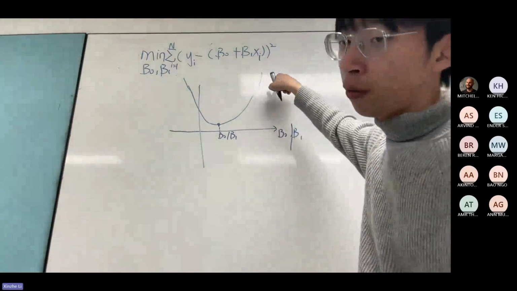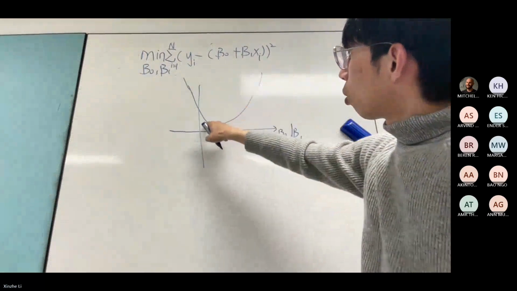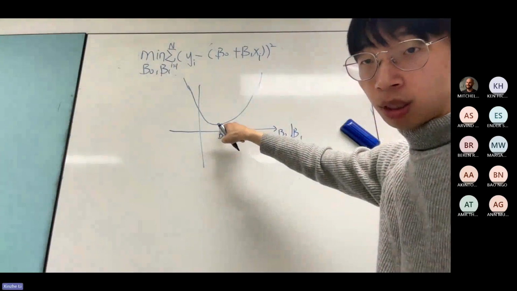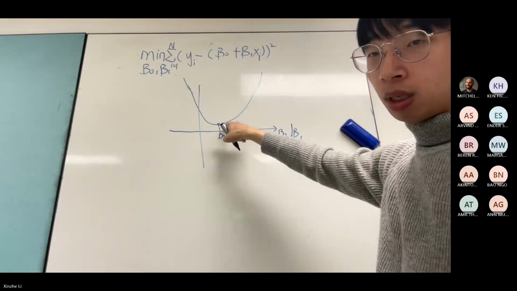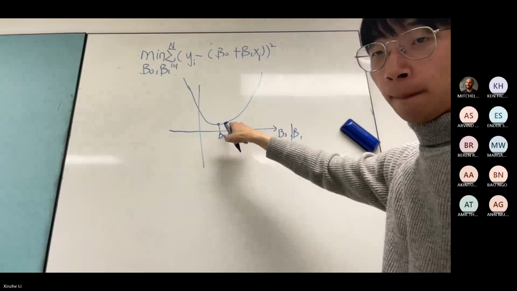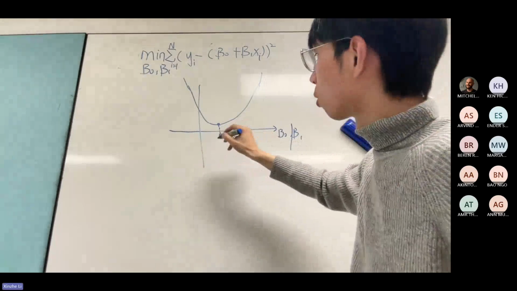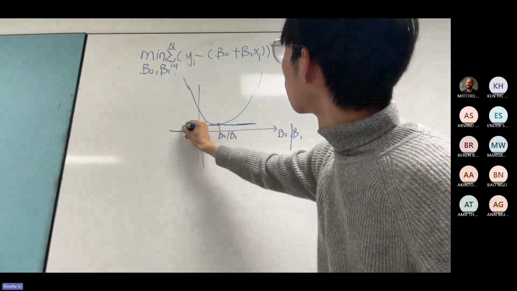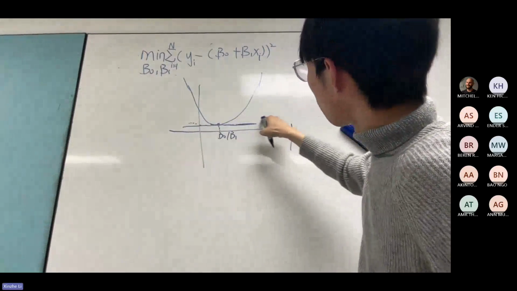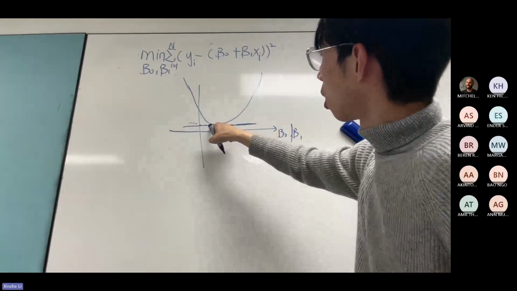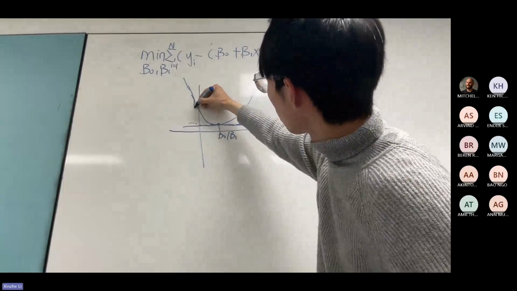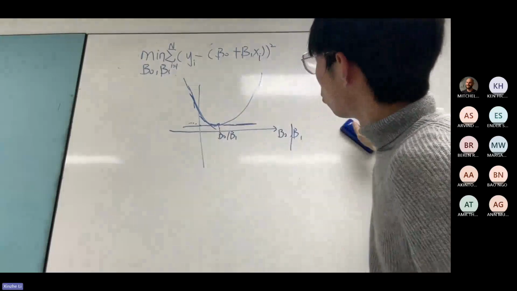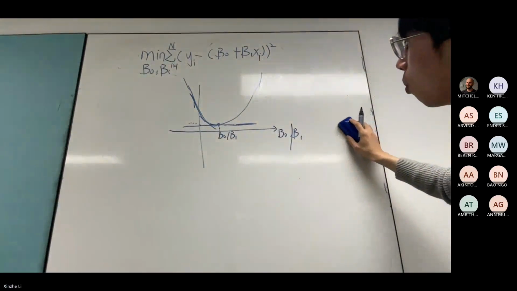If we have a derivative, what's the derivative at this point? Yep, the derivative equals 0. You make a tangent line at the point, and the slope of the tangent line is the derivative. Here it is not 0, not 0, until here it is 0 at the minimum point.